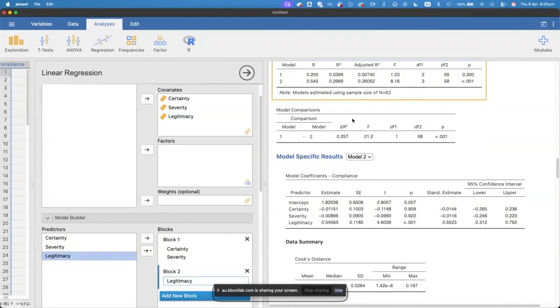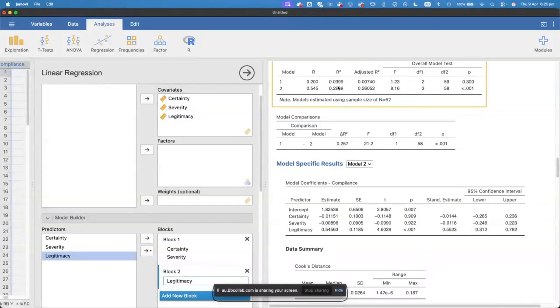Excellent. And then we have delta R squared, which compares Model 2 to Model 1 and subtracts the two. So 29.69 minus 3.99 gives you 25.7%. This says that by adding legitimacy into our model, that additional variable, we account for an additional 25.7% of variance in compliance.